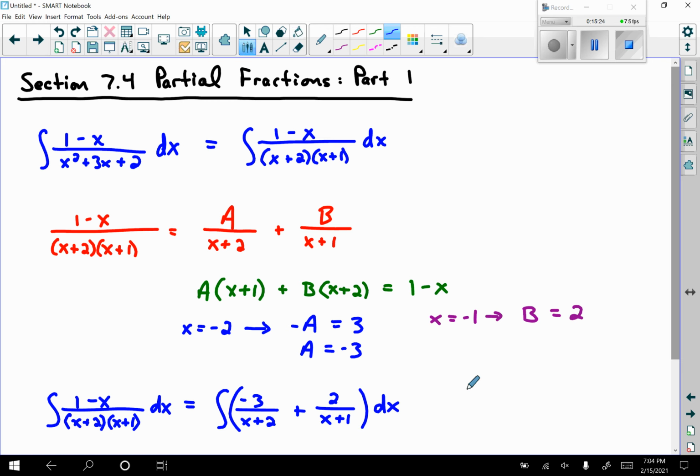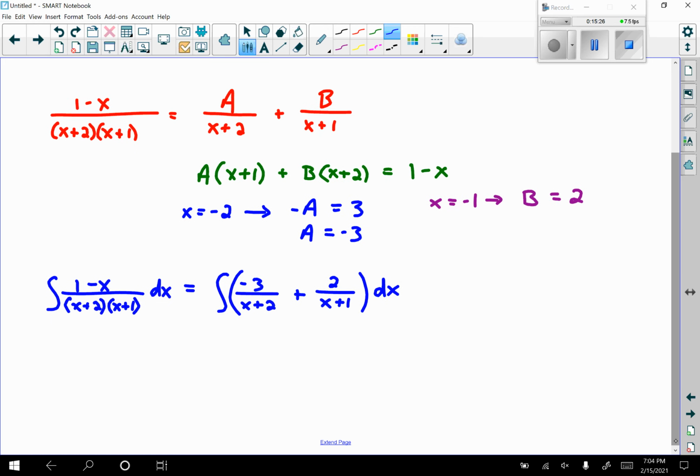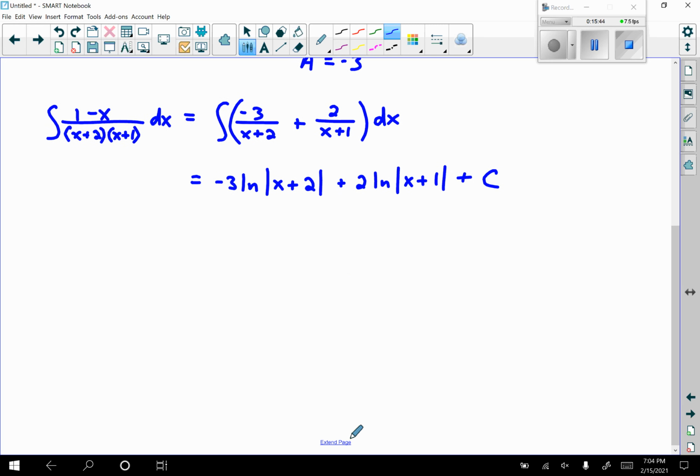Now it's a lot easier to take the antiderivative of each term. This is just going to become negative 3 times the natural log of the absolute value of x plus 2. And just check, if we were to take this derivative, we would get negative 3 over x plus 2. And then plus 2 times the natural log of the absolute value of x plus 1 plus c. So this technique is called partial fractions.